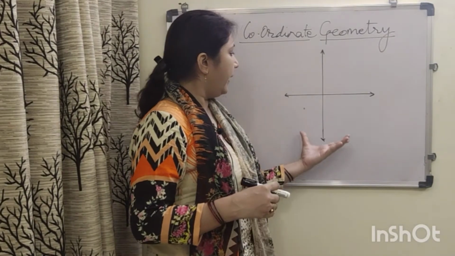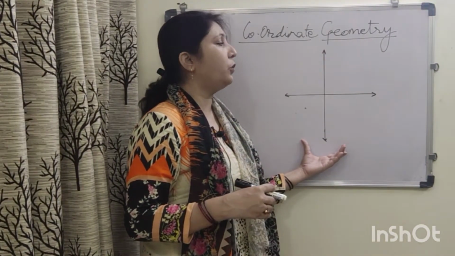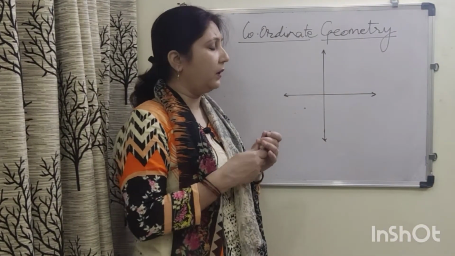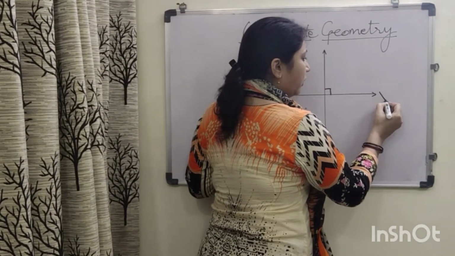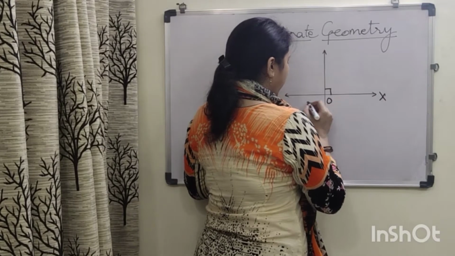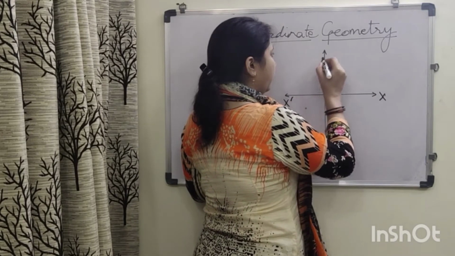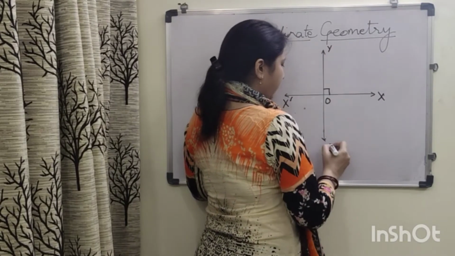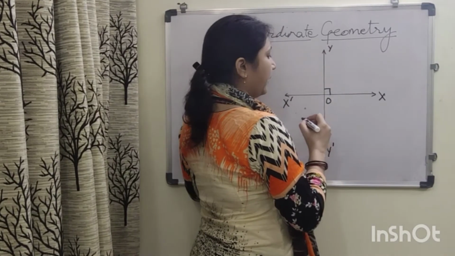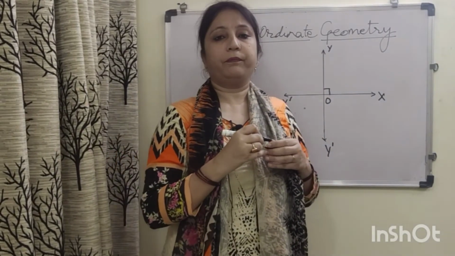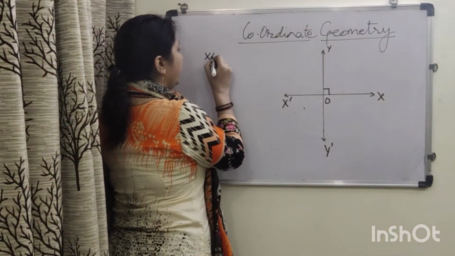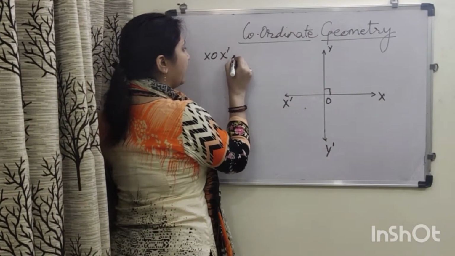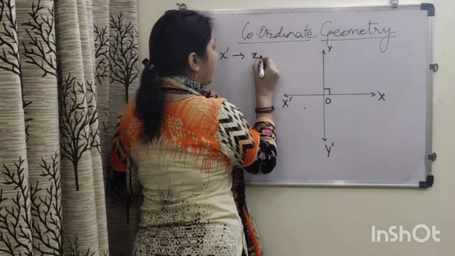First of all, here you can see that I have drawn two mutually perpendicular lines. The horizontal one is known as axis of x and the vertical one is known as axis of y. X O X dash, the horizontal one, is known as x axis.